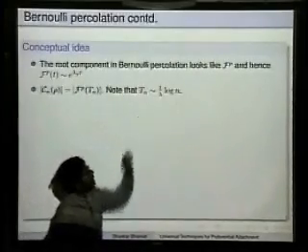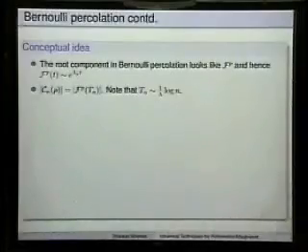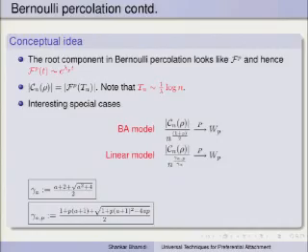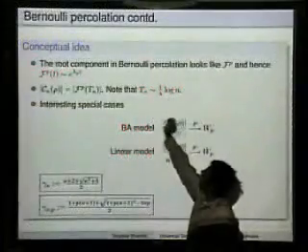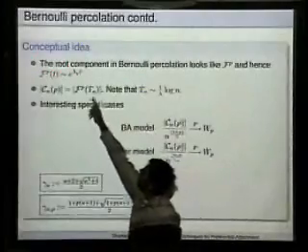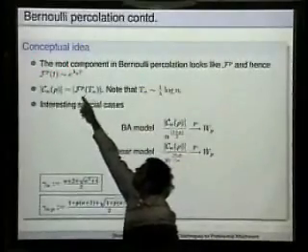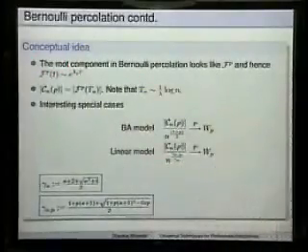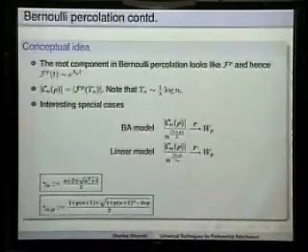Now you know that tn scales as 1 by lambda log n, whereas this quantity grows as e to the lambda p t. So if you put these two together, you basically get what the size of the component should look like.